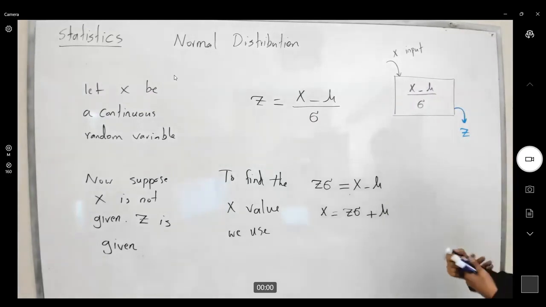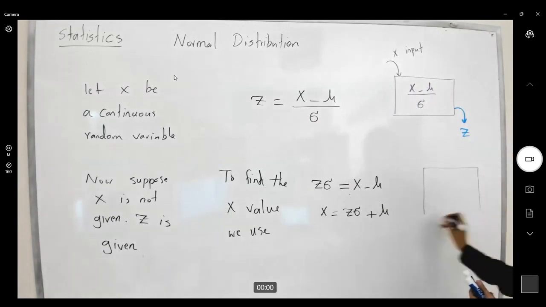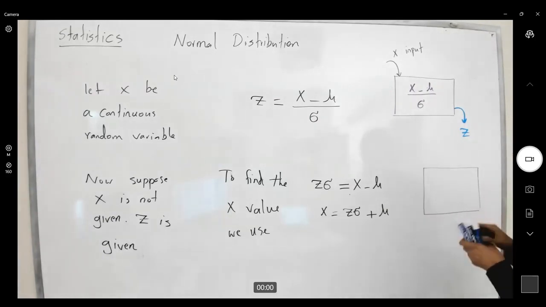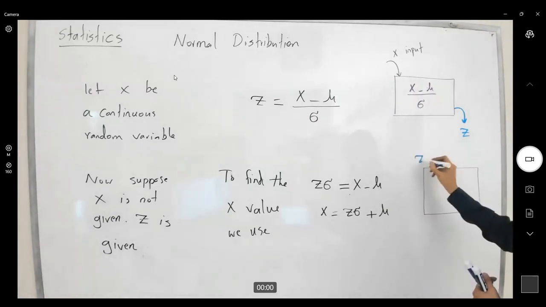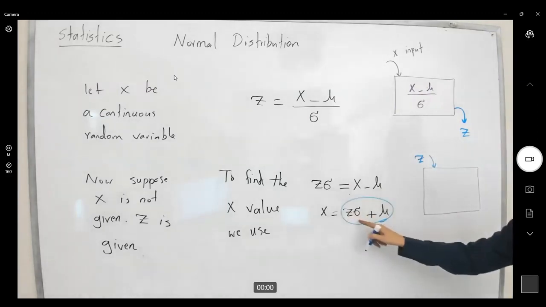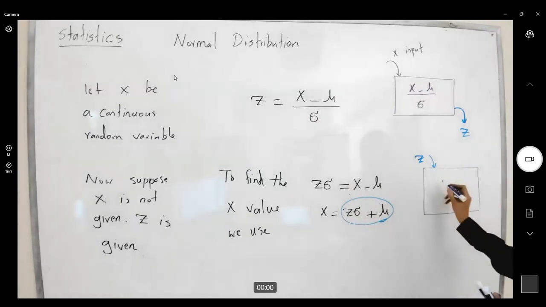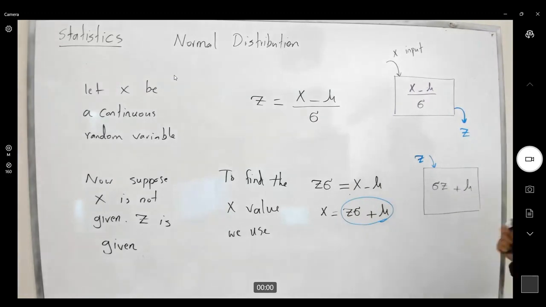So take a look at this. Now you just enter your z value. Z is the input, and the formula that you're going to use is z sigma plus mu, and it gives your x back.